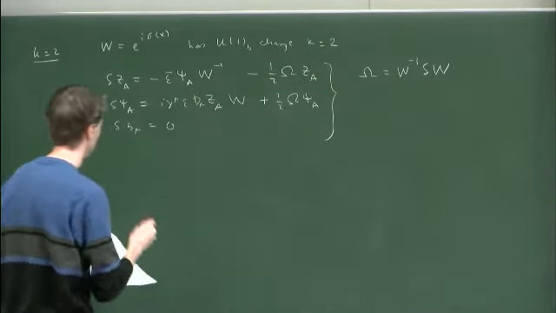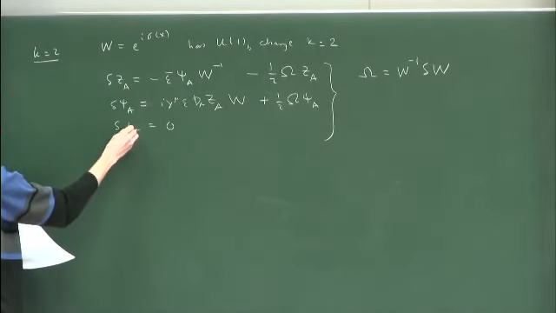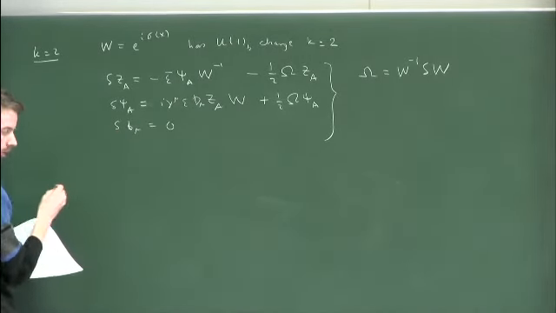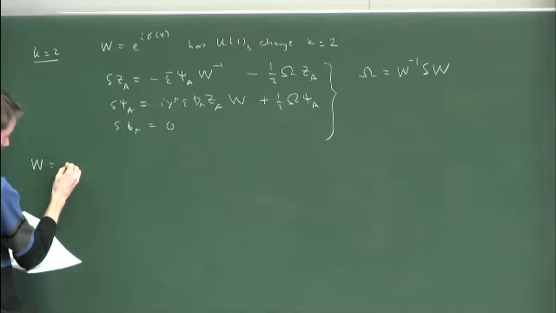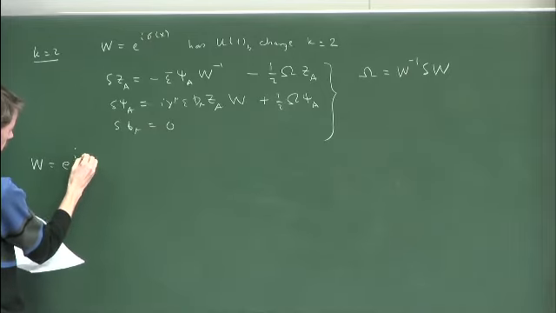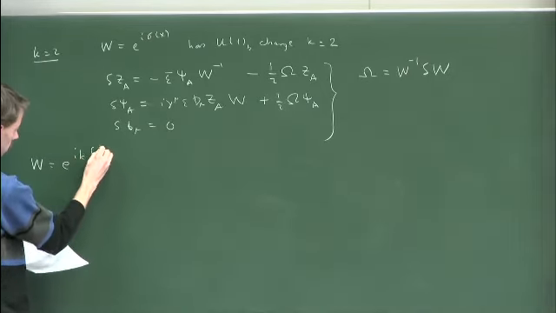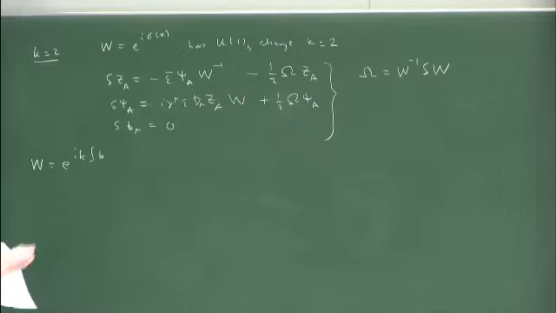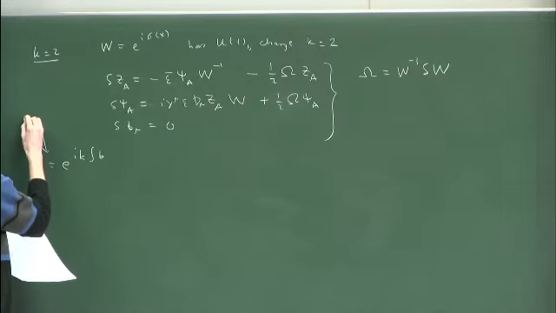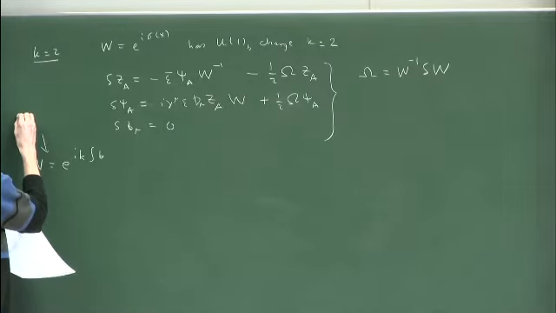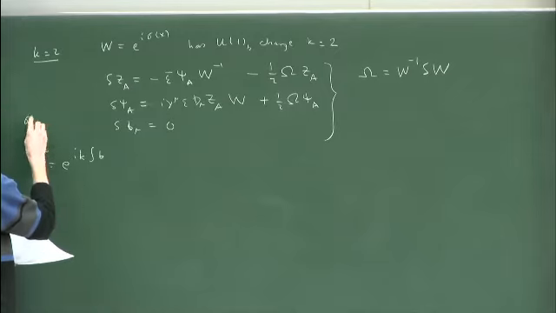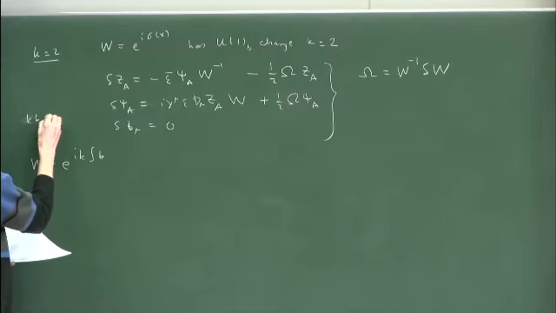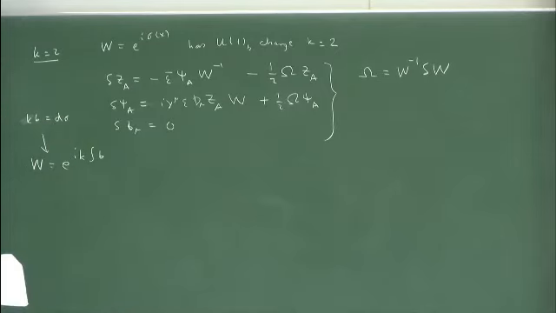Now, in this case, since supersymmetry variation of B is vanishing and this monopole operator in fact can be expressed as KB, by using this, KB is equal to G sigma.